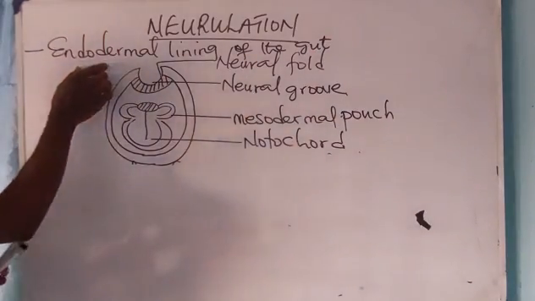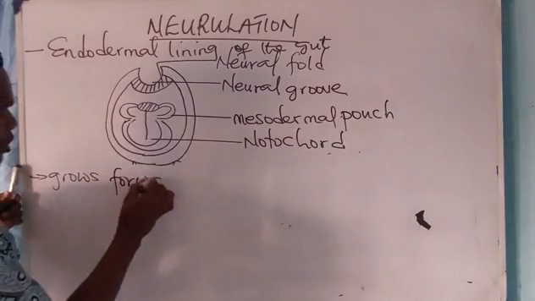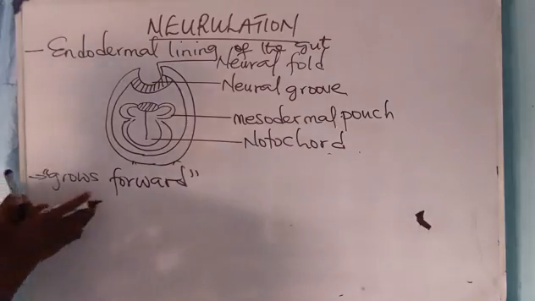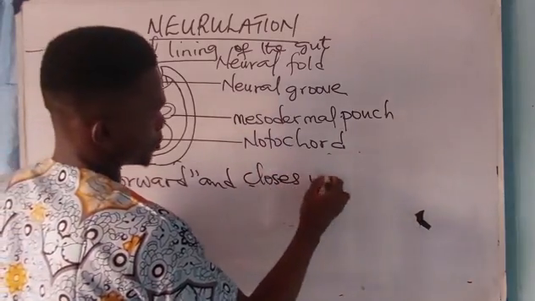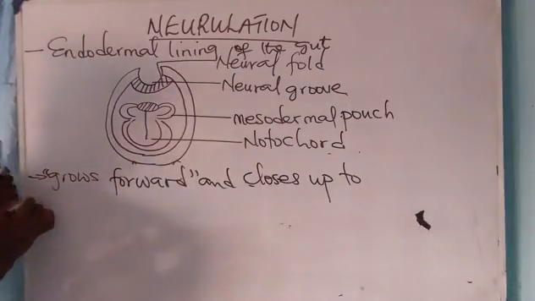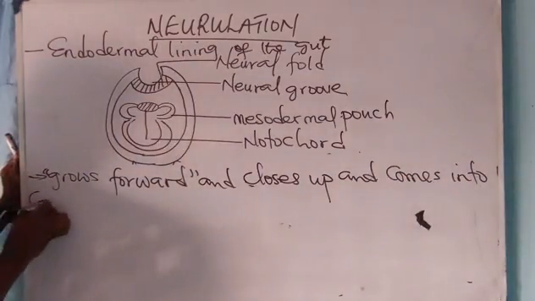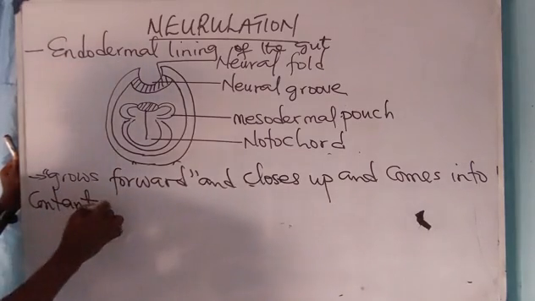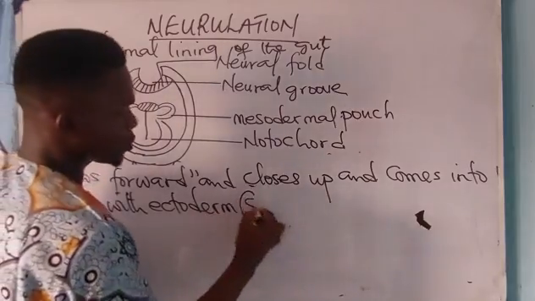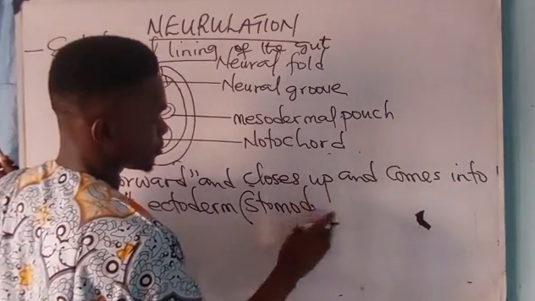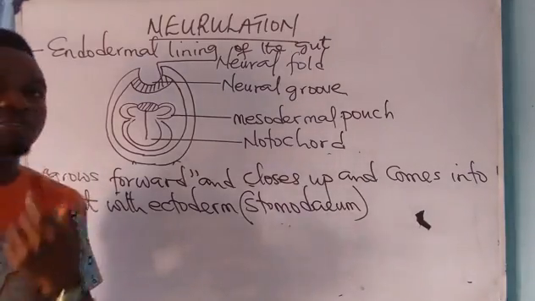Now this gut produced so far, what happens? It grows forward and closes up, and comes into contact with the ectoderm, in a region called stomodeum. Stomodeum is like a depression in the body cavity that gives rise to the mouth.